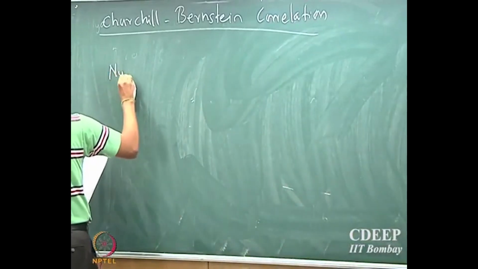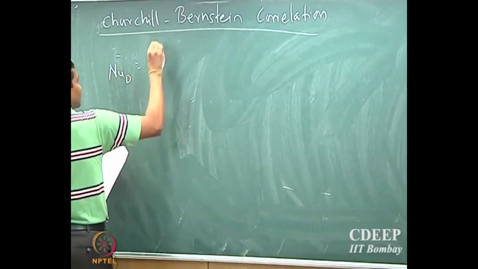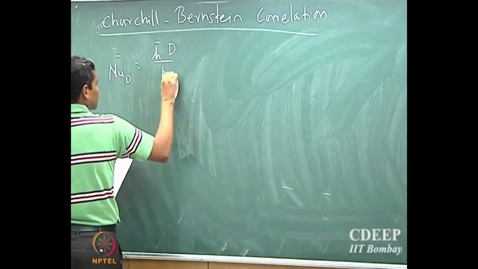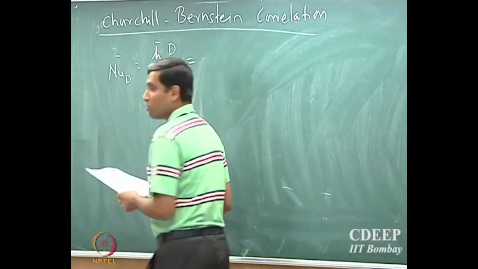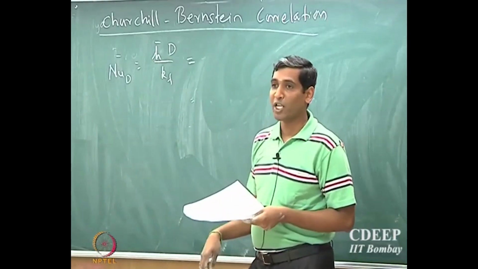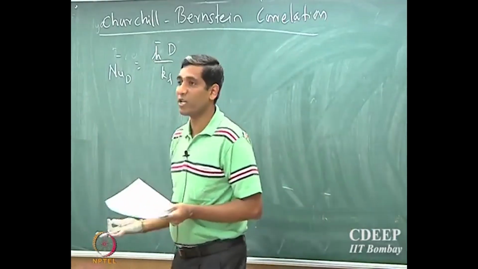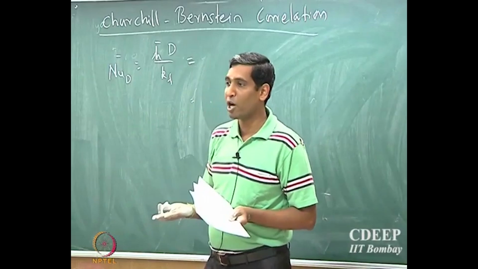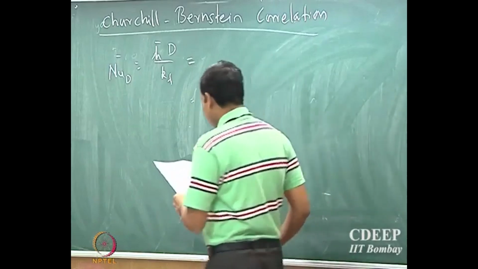So that's given by... note that it's a correlation based on experiments. So the best you can get is the average Nusselt number. You will not be able to find the local quantities anymore.